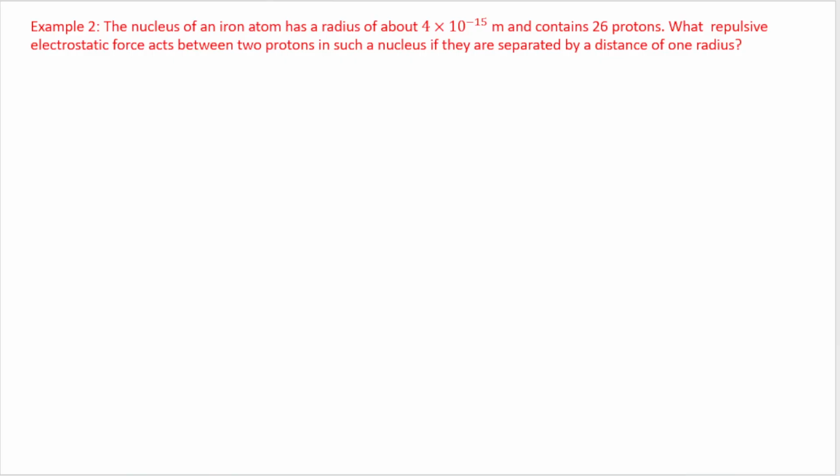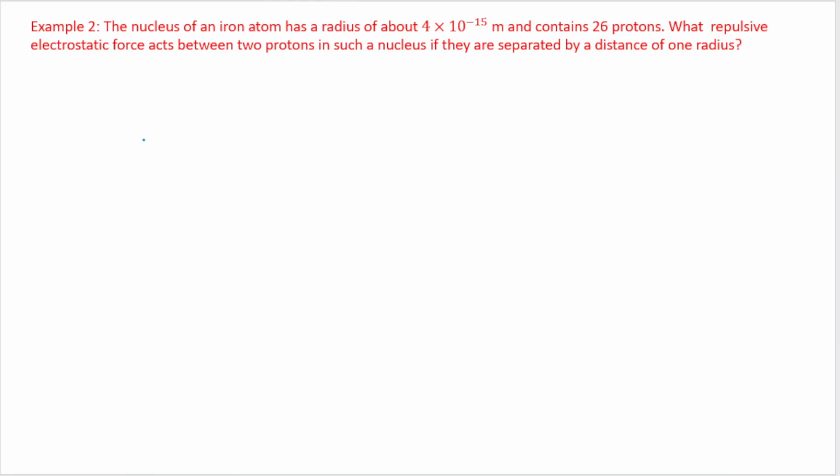And this nucleus of the iron atom contains 26 protons. What repulsive electrostatic force acts between two protons inside the nucleus if they are separated by a distance of 1 radius?